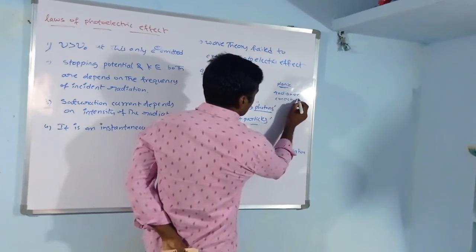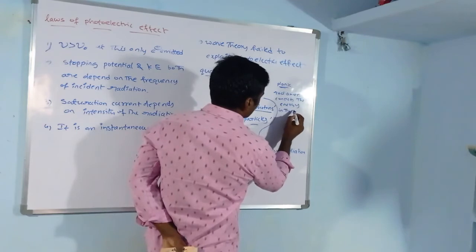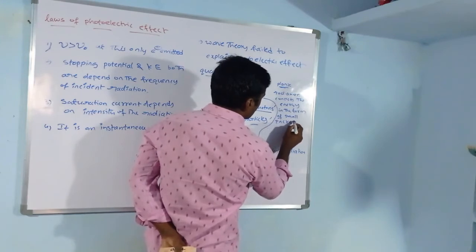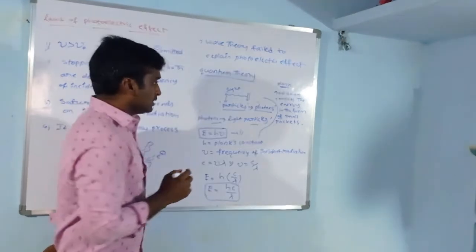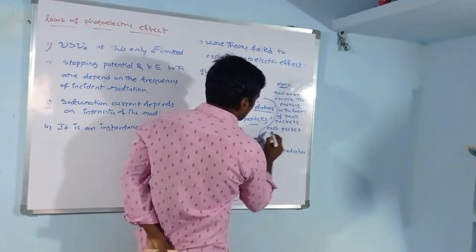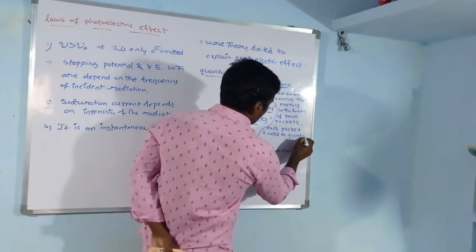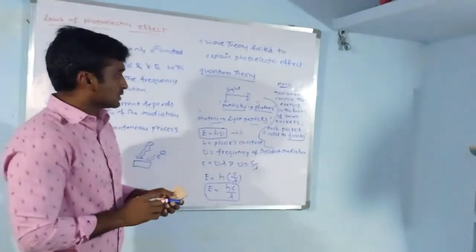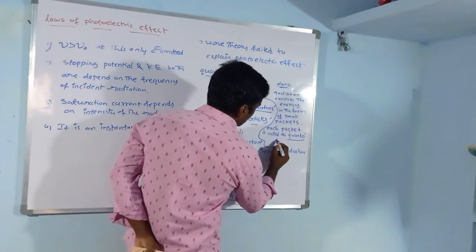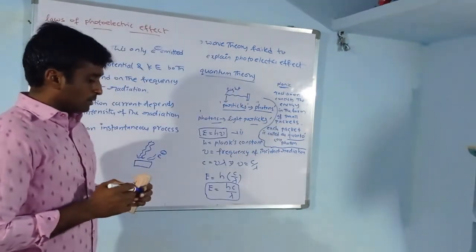Each packet is called a quanta. This quanta is also called a photon. That is the quantum theory of Planck.